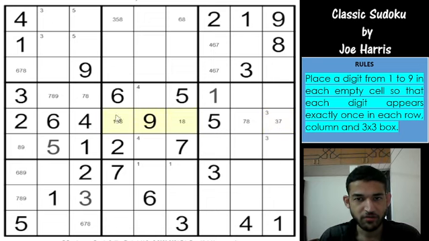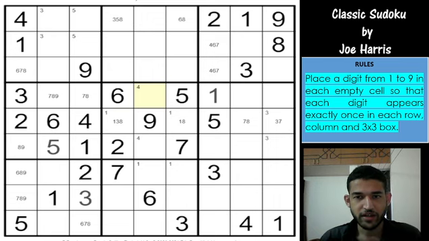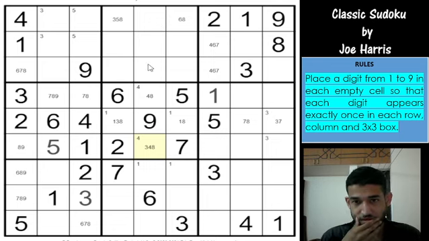And we also know that 1 must be in one of these cells, which means these two cells can only be 3, 4 and 8. So this is 4, 8 and that has to be 3, 4 and 8. Nine goes in one of these cells.